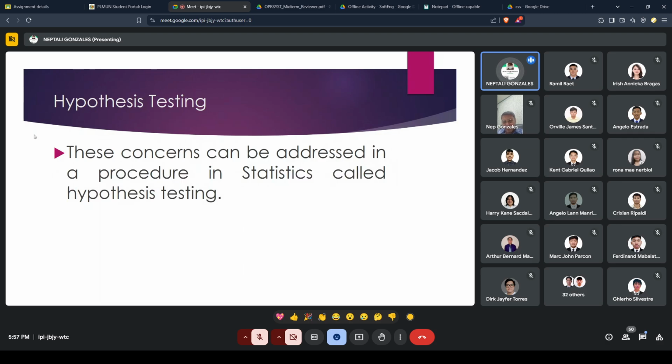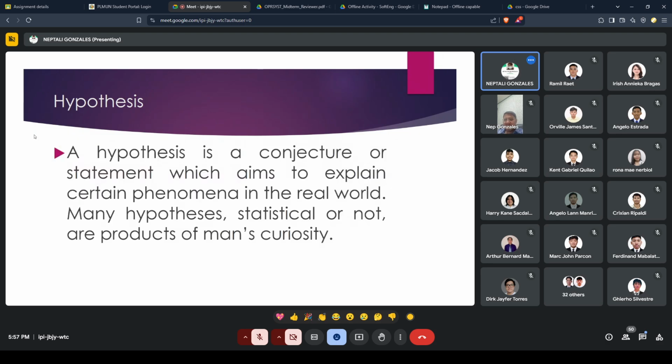So these concerns can be addressed in a procedure in statistics called hypothesis testing. A hypothesis is a conjecture or a statement which aims to explain certain phenomena in the real world. Many hypotheses, statistical or not, are products of man's curiosity. So the more curious you are, the higher the level of statistics that you can delve into.